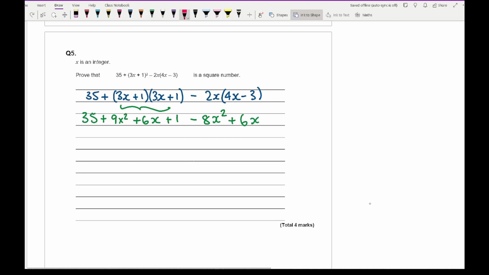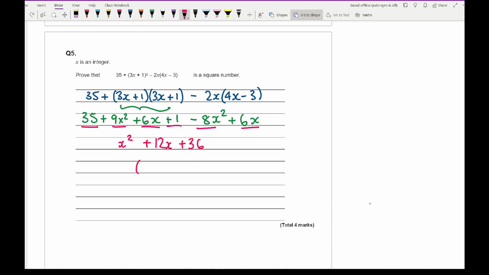Then from this, if I start simplifying, I'm going to get 9 take away 8 is 1x squared. I've got 6x plus 6x, which is going to give me plus 12x, and I've got 35 plus 1, which is 36.